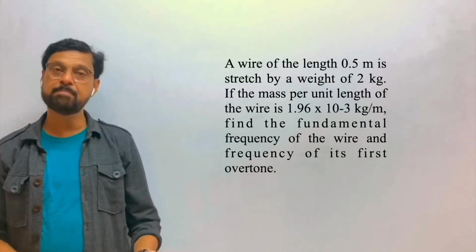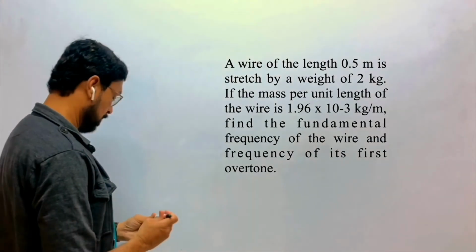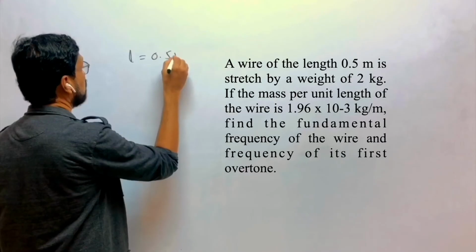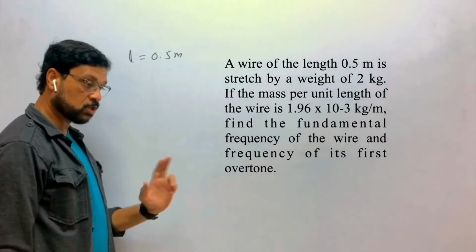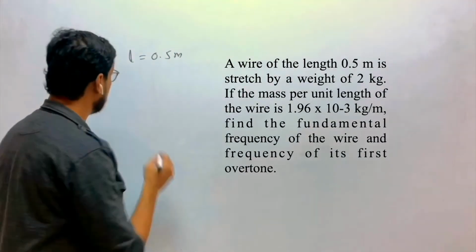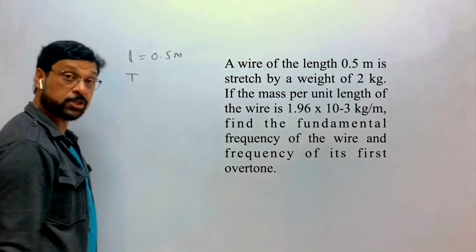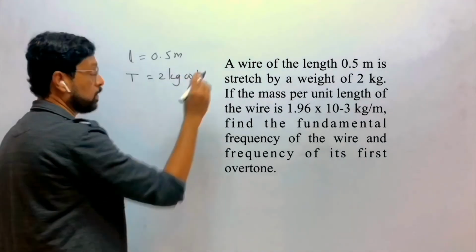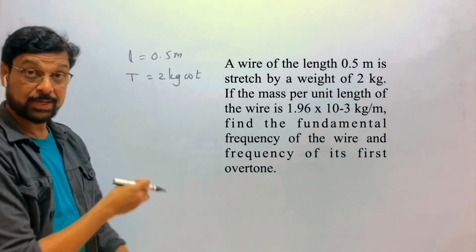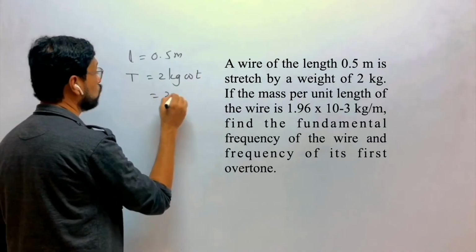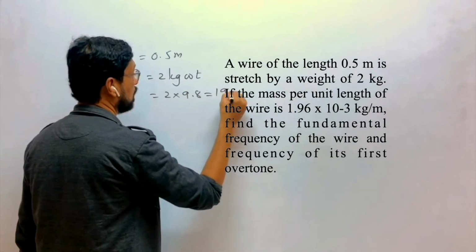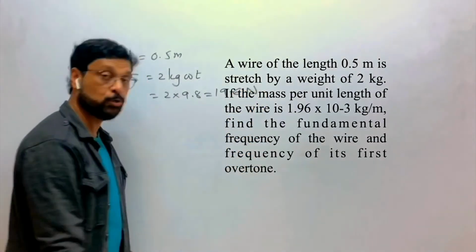A wire of length 0.5 meter is stretched by a weight of 2 kg. The tension is given in kg weight, that is equal to 2 into 9.8, that is 19.6 Newton.